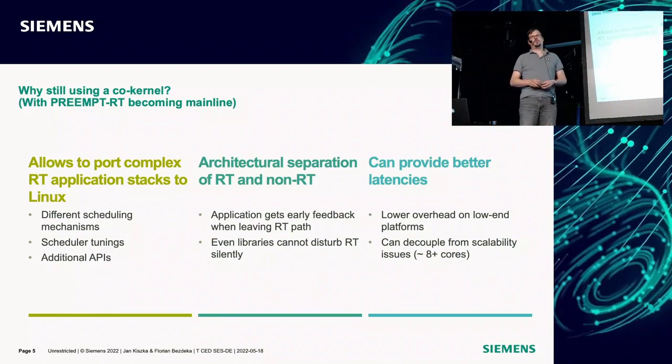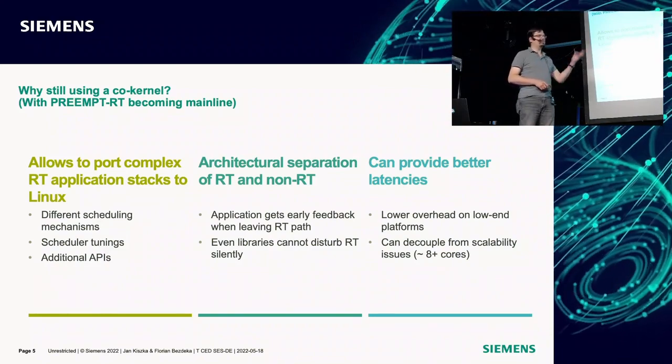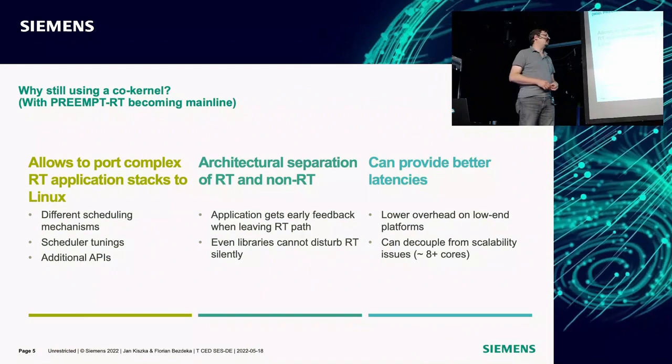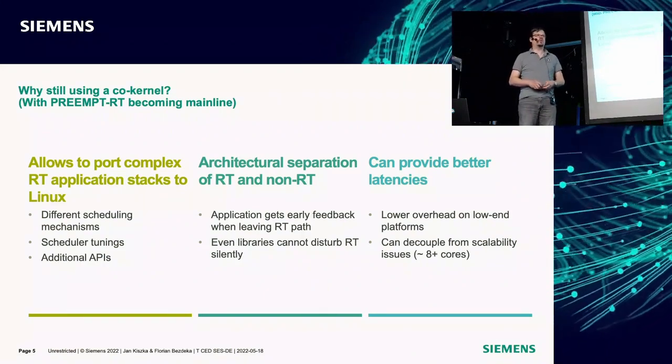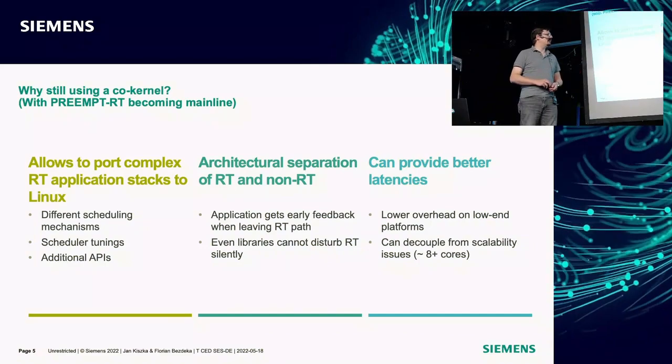Another one of the strict separation is that under certain load conditions also this architecture provides still benefits. We will see later on some numbers on what are benefits, what are the possibilities.